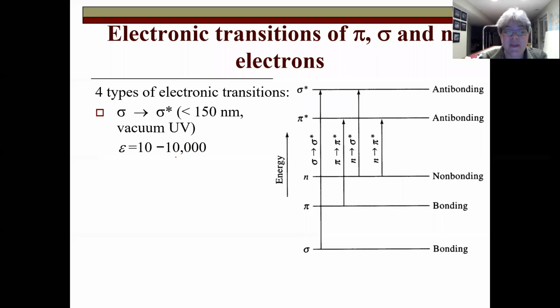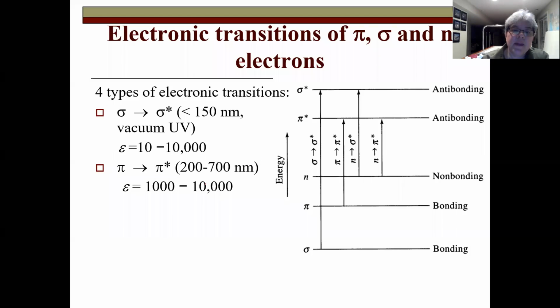Remember, 10,000 is a big number for molar absorptivity. Next we have the pi to pi star. Now these are in our key range, that 200 to 700. That's kind of the key UV vis range that we want to look at. And notice molar absorptivities are pretty big, 1,000 to 10,000 for these pi to pi star.